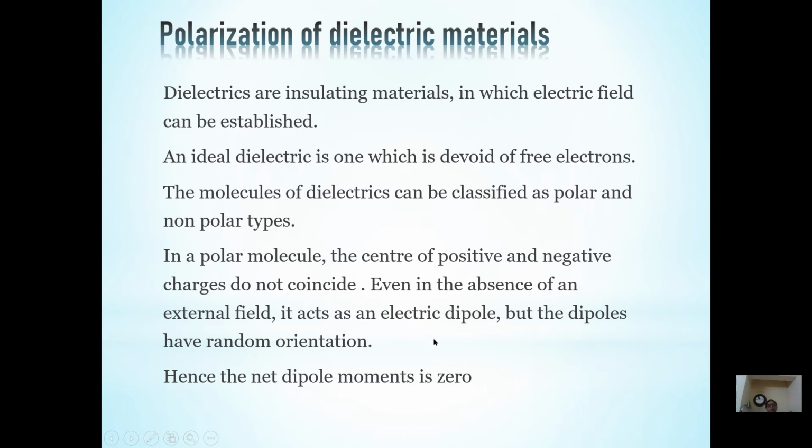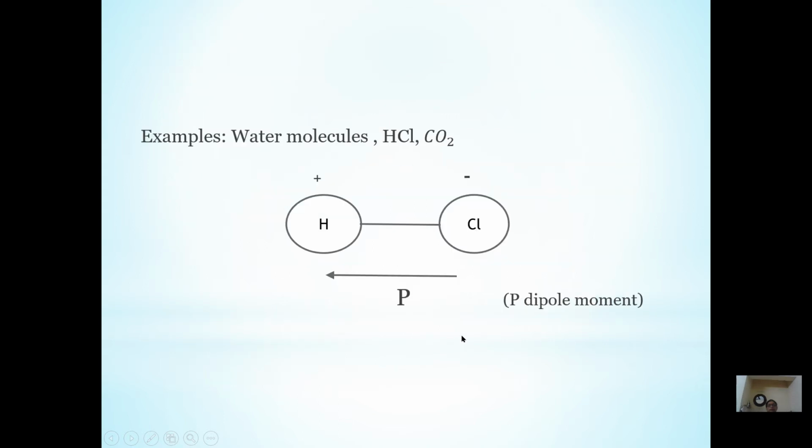That I can explain here. Let us consider a water molecule, HCl molecule or carbon dioxide molecule. These are all examples of polar dielectric materials. Now let us consider the HCl molecule. In this, hydrogen has a positive charge, and chlorine has a negative charge.